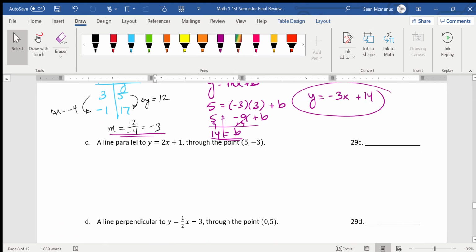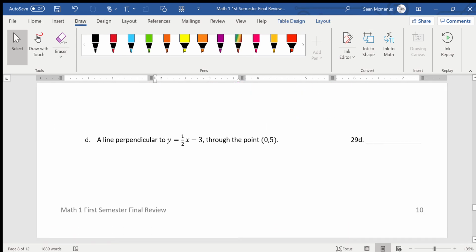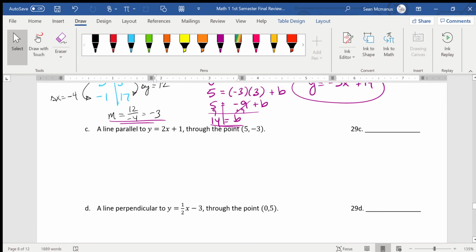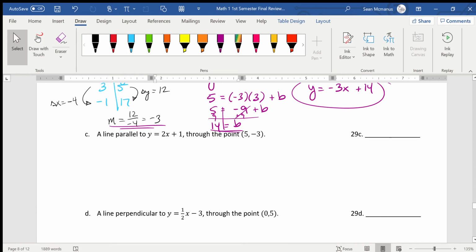All right, so here we're going to kind of, oh no, there's another section. All right, so a parallel line. So these are, again, very similar to the ones up above. So if I have a parallel line, I know that the slope is going to be the same. So I have a line given to me, y equals 2x plus 1, and I want a line parallel to that one that goes through this point.